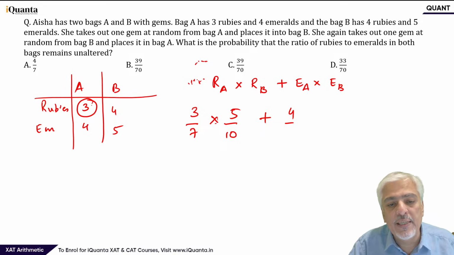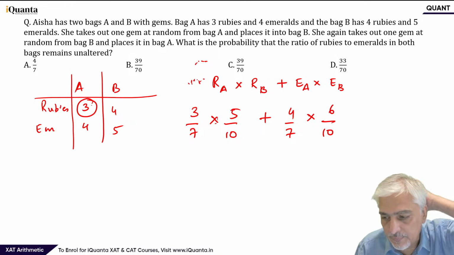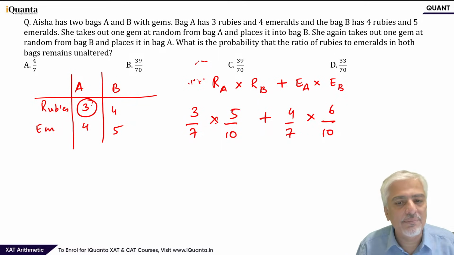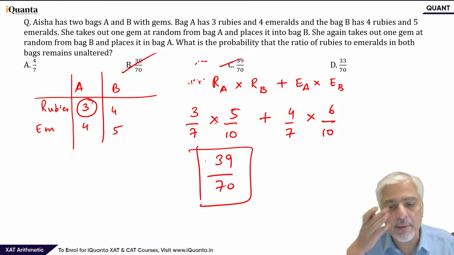And emerald goes there, it will become 6 out of 10. अच्छा, वो गलती से ऑप्शन सेम हो गए, दैट्स ओके. So 15 plus 24 is 39. 39 by 70. That's your answer. Whether B or C, दोनों same है.